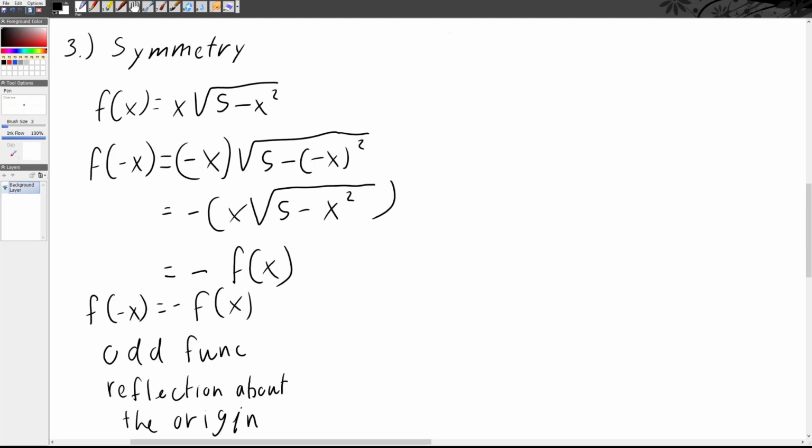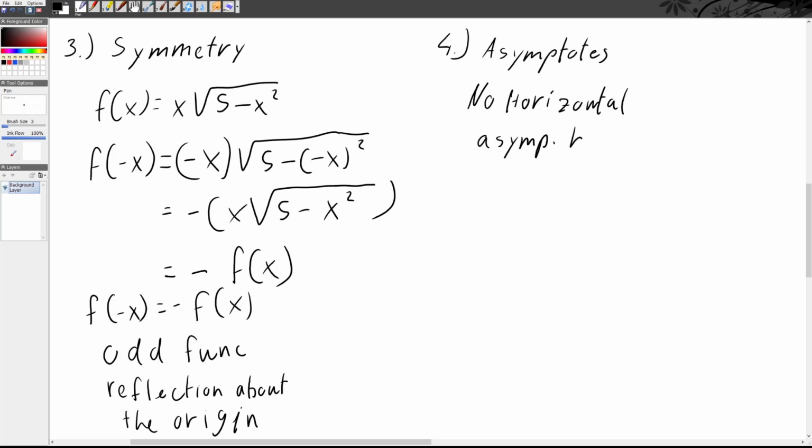Next, we want to talk about the asymptotes. In this case, we note that due to the fact that we have a bounded domain, and inside this domain is a continuous function, there are no horizontal asymptotes.